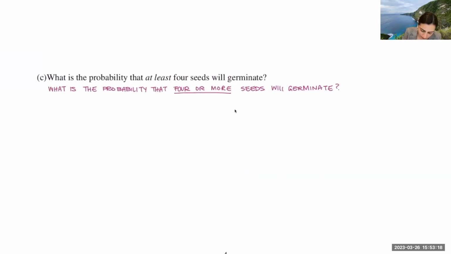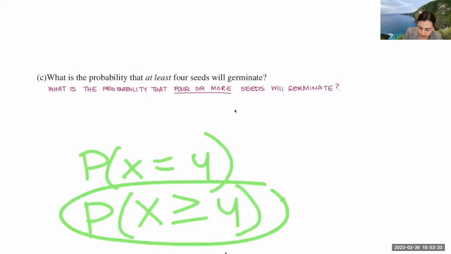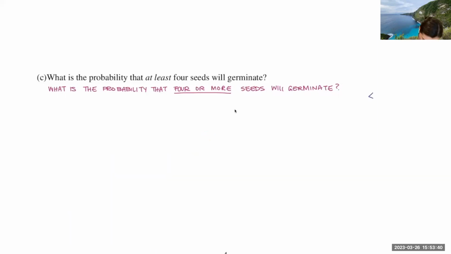So now we're looking at the probability that 4 or more germinate, and I want to make sure you understand the symbols as well. If a symbol is pointing towards the left, this is less than. If it's pointing towards the right, this is greater than. If it's pointing towards the left and has an equal symbol at the bottom, this is less than or equal to.